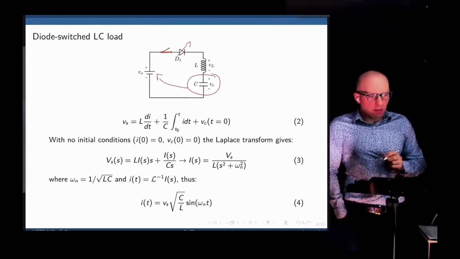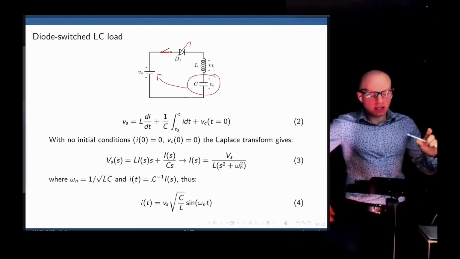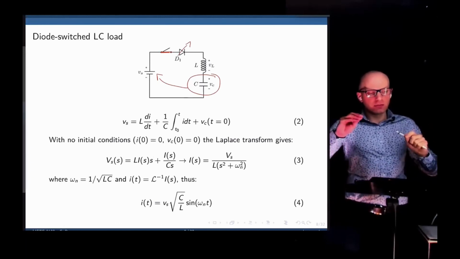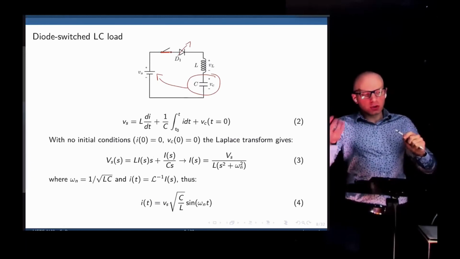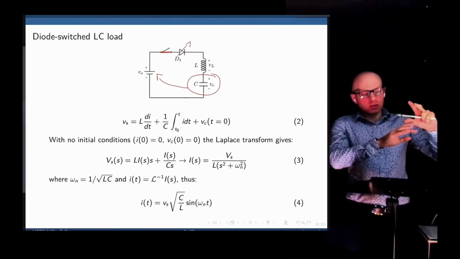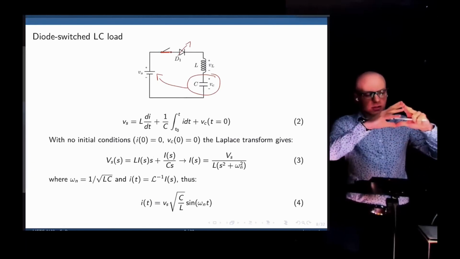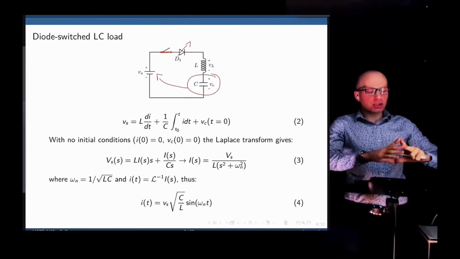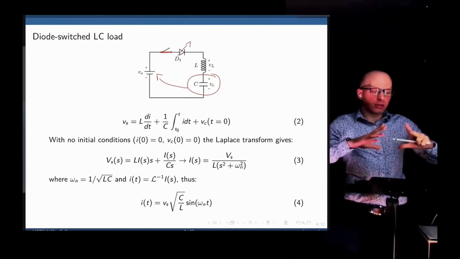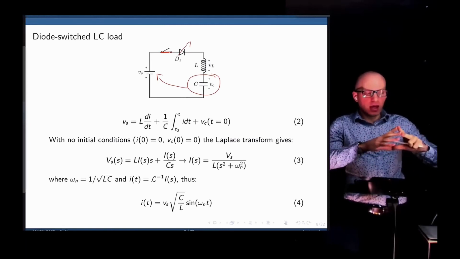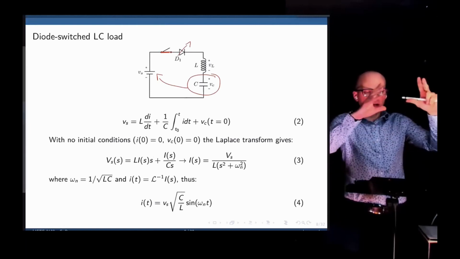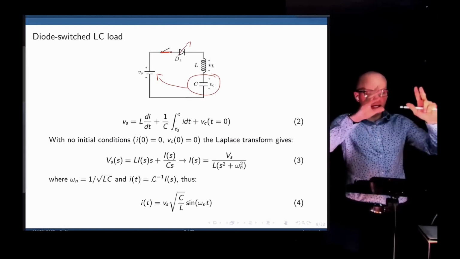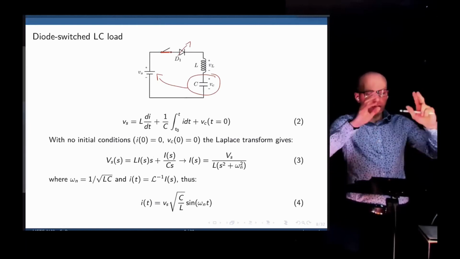But because you don't have anything dissipating energy, when you close the switch, the voltage goes to the inductor. The inductor loads itself, stores current there, and then discharges that to the capacitor. Then the capacitor takes all the input voltage, and once it's fully loaded, it goes back to the inductor. And this process repeats indefinitely.